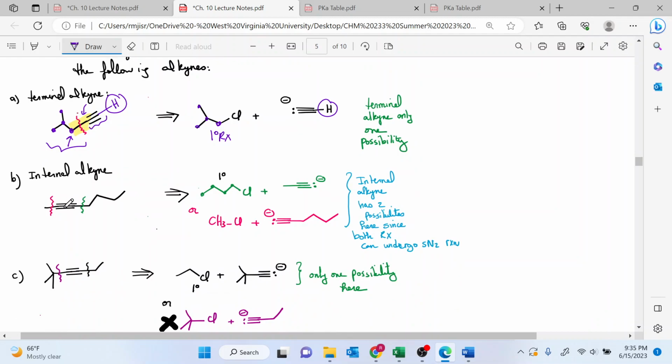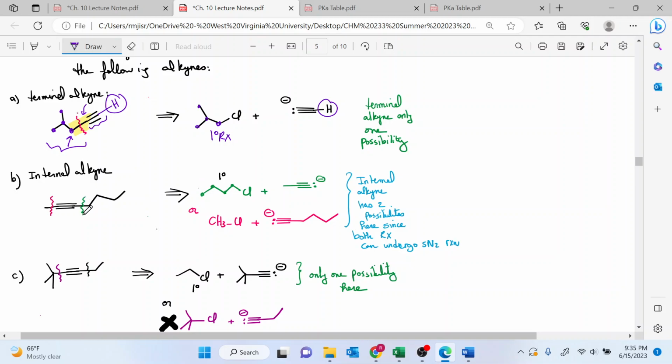However, if you have your triple bond internal, meaning that you have two R groups in there, then both R groups can be an alkyl halide in this case. This one can be the alkyl halide, or this one can be the alkyl halide. So you're going to end up getting two ways in there in order to prepare this alkyne.